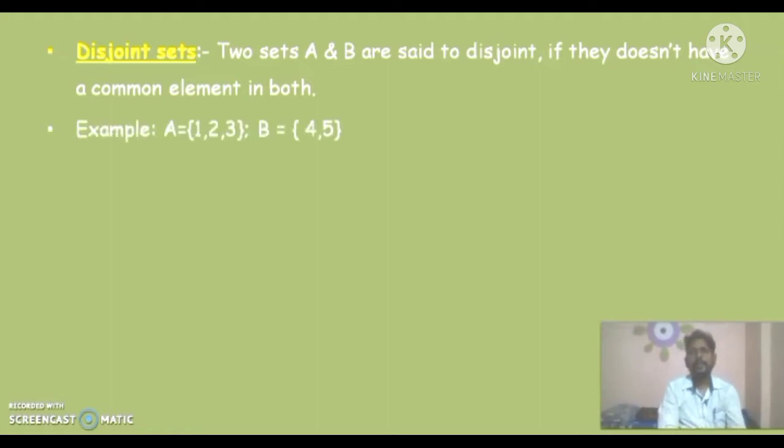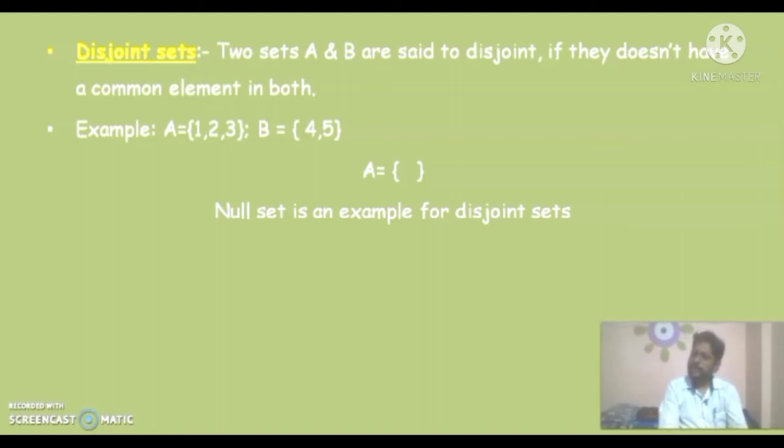For example, A is equal to {1, 2, 3} and B is equal to {4, 5}. Observe the two sets: there is no common element, hence these sets are called disjoint sets. A null set has no element, hence it is an example of a disjoint set.